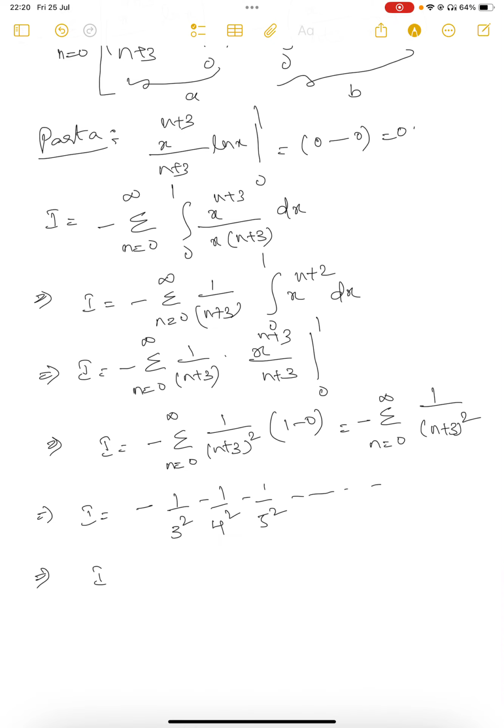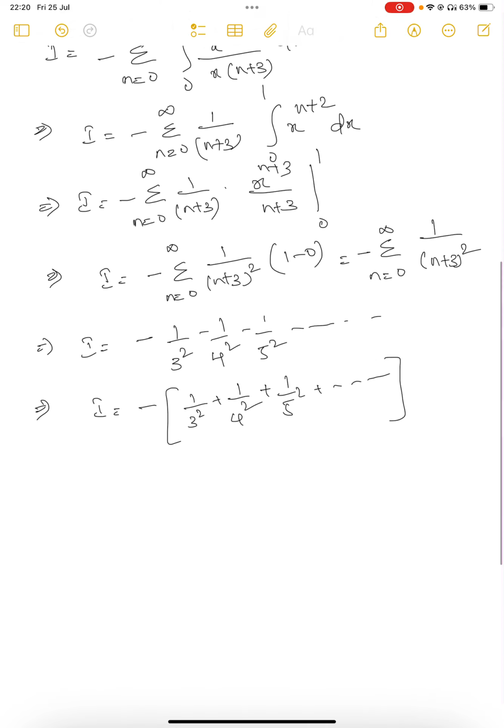Let's take minus as common here. Then it will be 1 by 3 square plus 1 by 4 square plus 1 by 5 square and so on. It looks like a pattern, right? The Riemann zeta function of 2.